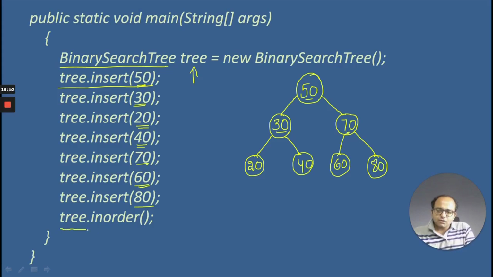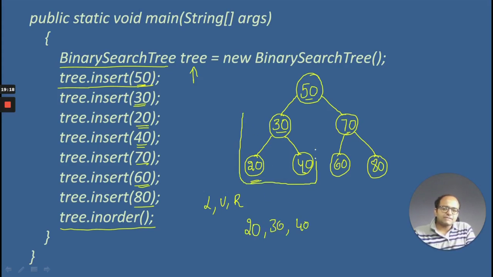And then we are calling the in-order traversal function. This is going to traverse the entire binary search tree in in-order manner. According to in-order traversal, first the left node, then the visiting node, then the right node. Starting from this point, you can see the left node is 20, then the visiting node is 30, and then the right node is 40.